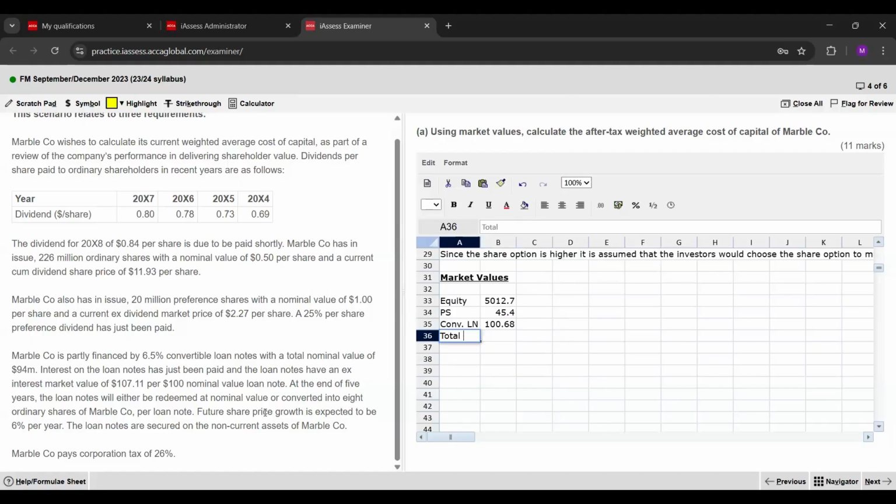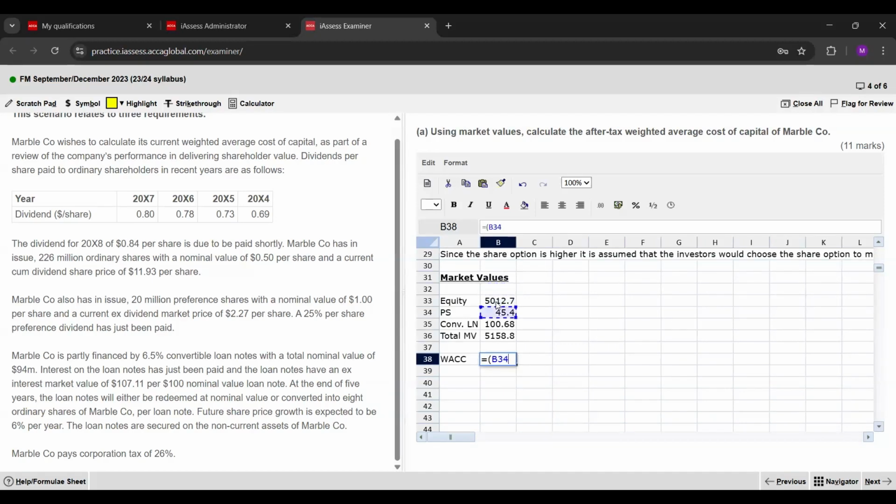Total market value. Then what is the weighted average cost of capital?